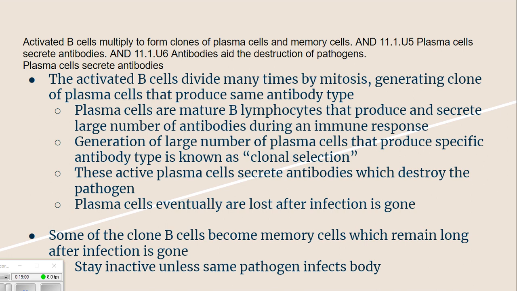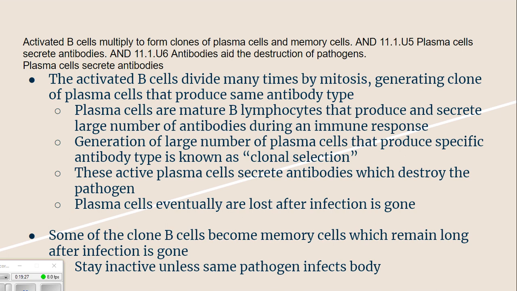So it generates clones of plasma cells that all produce the same antibody type. Plasma cells are mature B lymphocytes that will produce and secrete large numbers of antibodies during an immune response. So your body wants to produce lots of this antibody to help eliminate this particular pathogen. By undergoing mitosis, it ensures that it makes clones, which are all producing antibodies.